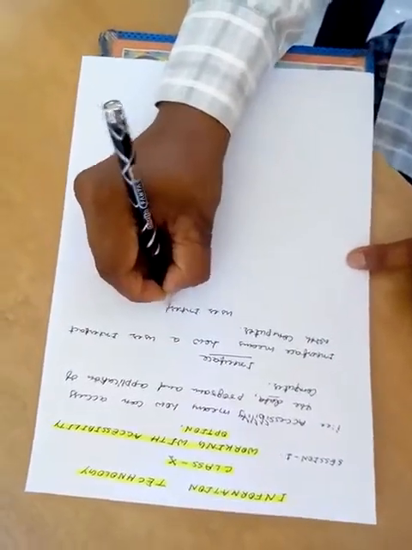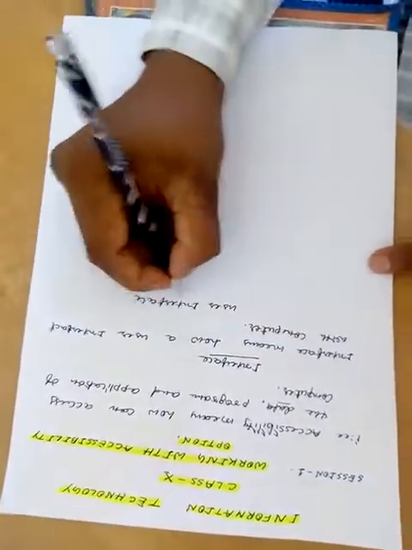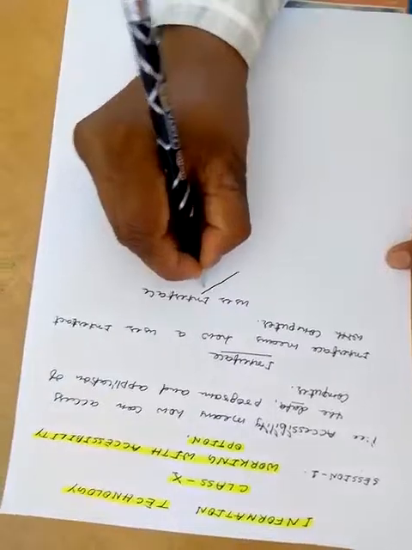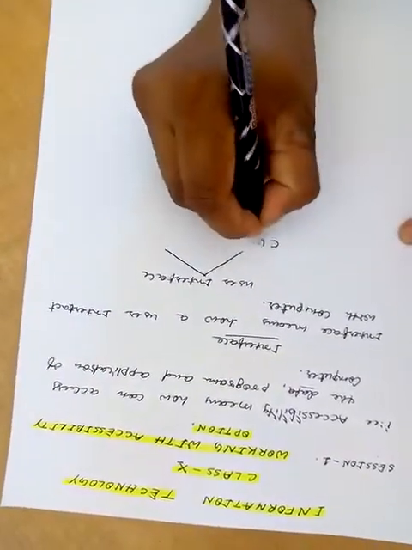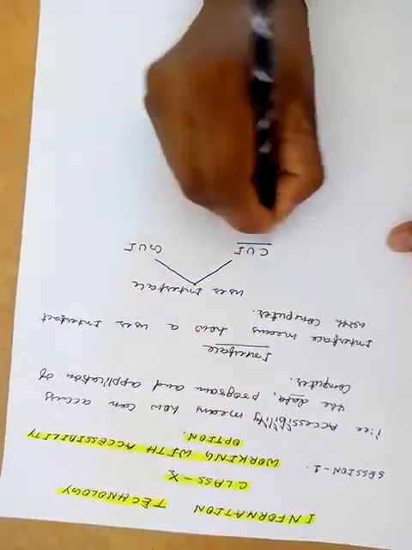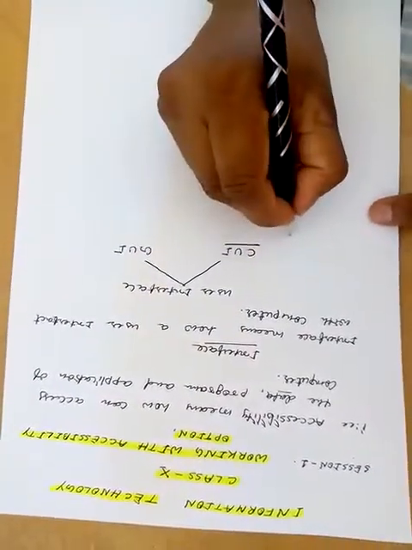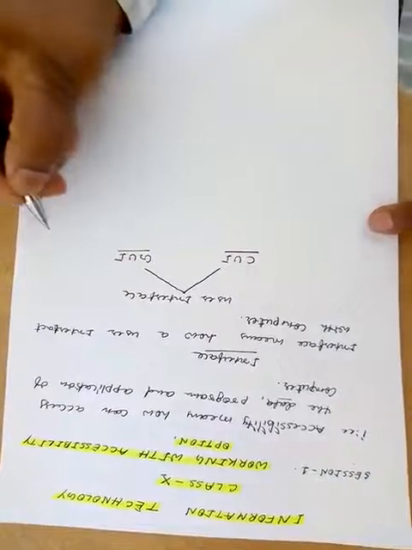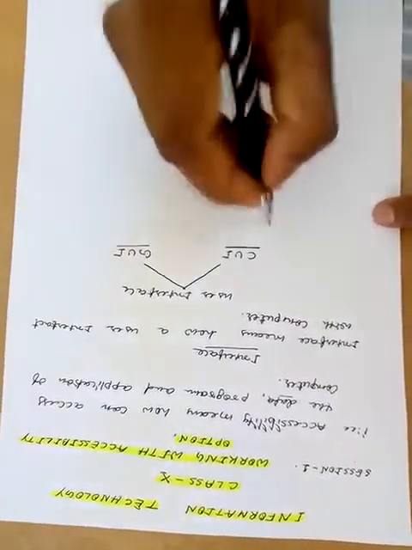Basically there are two types of user interface: first CUI and second GUI. CUI stands for Character User Interface and GUI stands for Graphical User Interface.